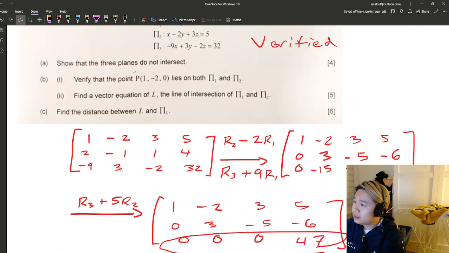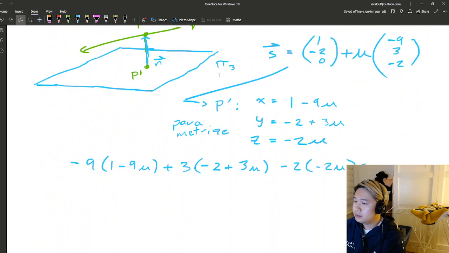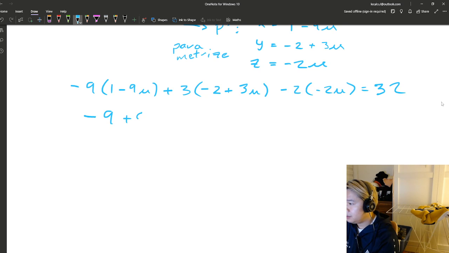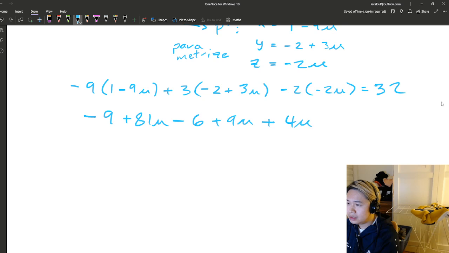And then this is all equal to 32. Oh boy, okay, here we go. -9 plus 81 mu, minus 6 plus 9 mu, plus 4 mu equals 32.